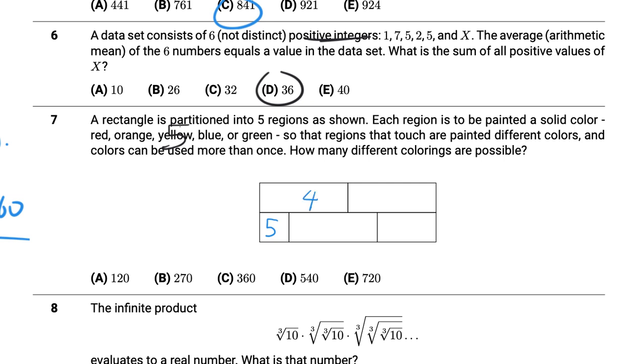The two of these are different, so these already cover 2 colors, and this one must be different, so it's 3 possibilities. With the same reasoning, this is 3 possibilities, and this is 3 possibilities. So you can just multiply them together and get 20 times 27, and that's 540.